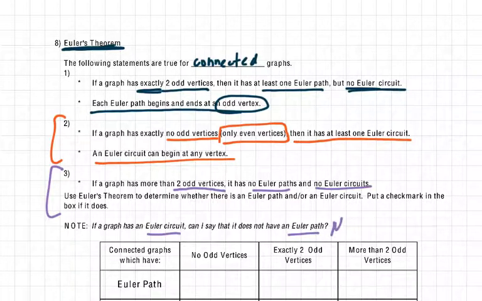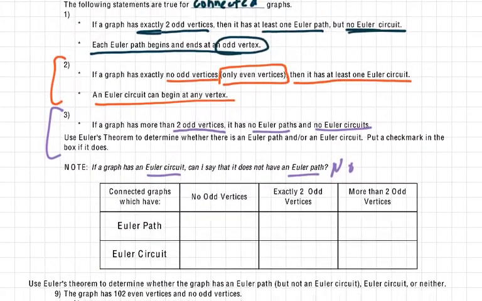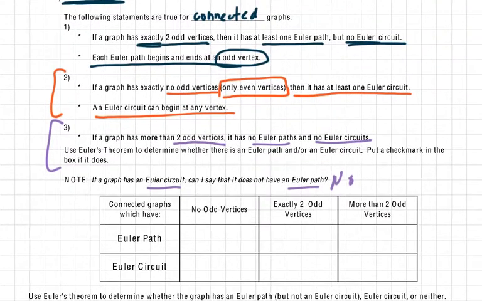No, that's not possible because a circuit is a path. Okay, so just keep that in mind. All right, so connected graphs which have an Euler path are going to have either no odd vertices, based on the second part of Euler's theorem, because if it has at least one Euler circuit, that means it also has at least one Euler path.